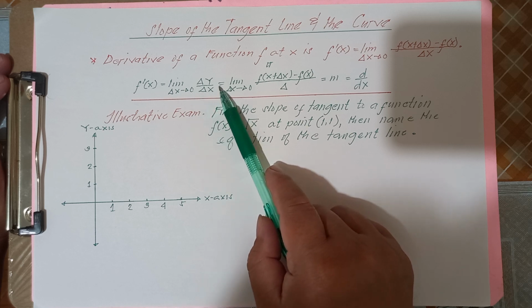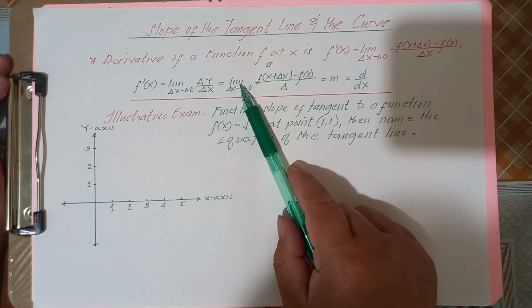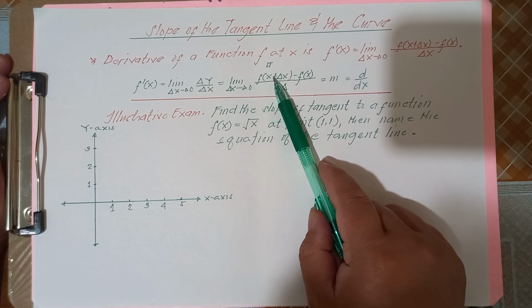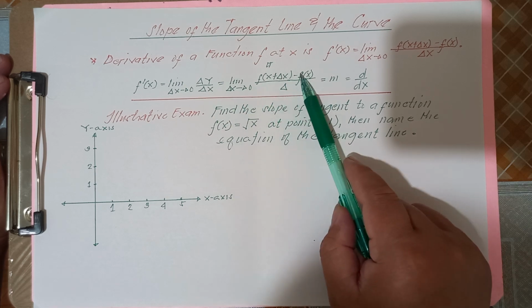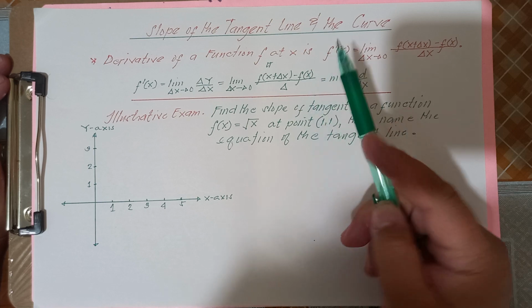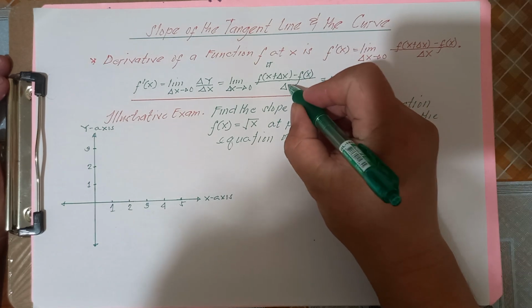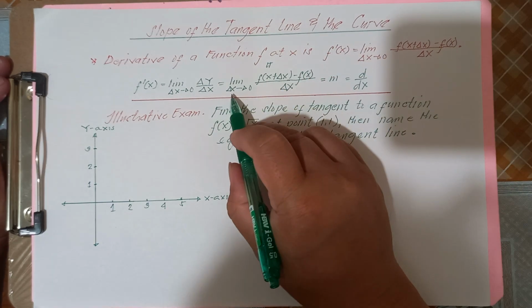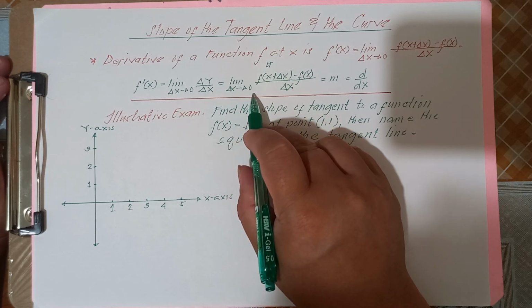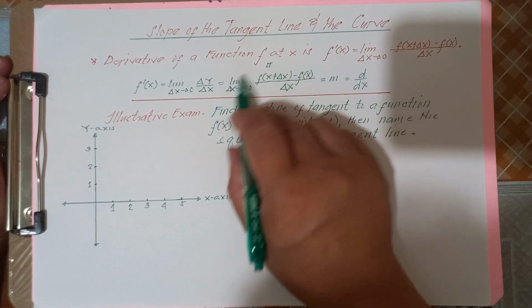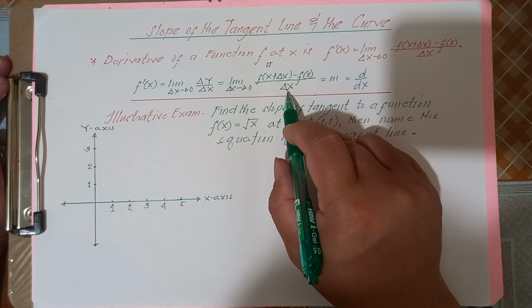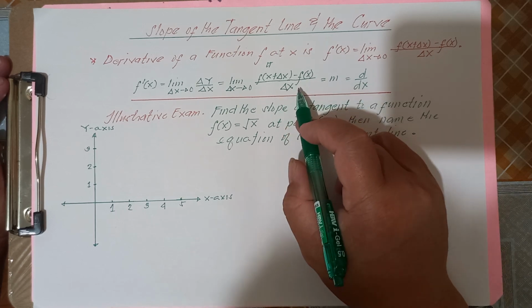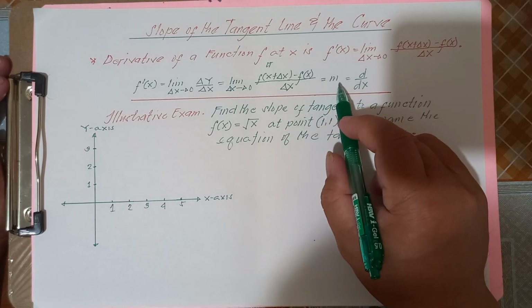Or it can be written as the limit of f of x plus change of x minus f of x over change of x as change of x approaches 0. As we said last time, this is actually the slope of the tangent line, so that is equated to m.